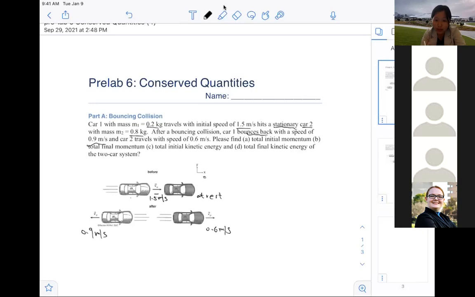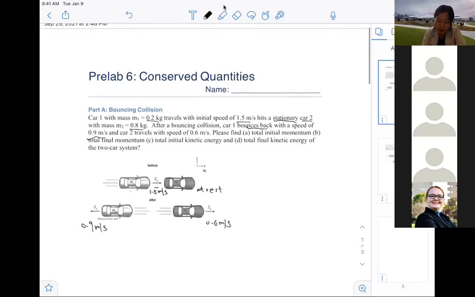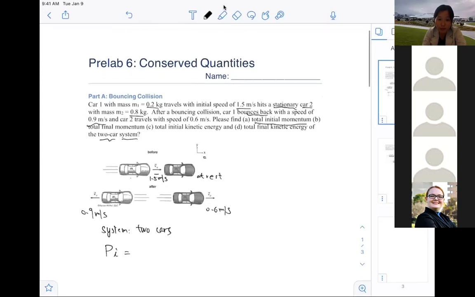So now let's look at these different terms together. First one, what is the total initial momentum of the two cars? Here, our two cars are our system. So for the two cars, the red and the blue car, the initial momentum of the system, how do I calculate it?